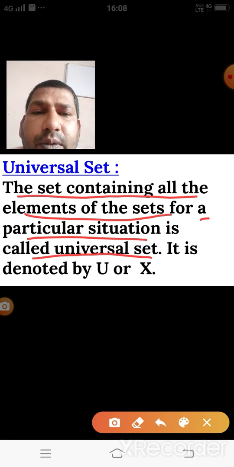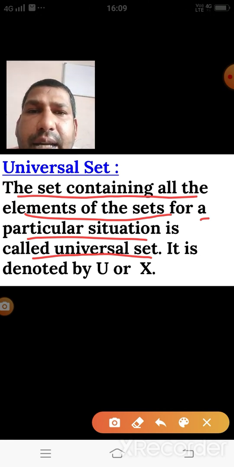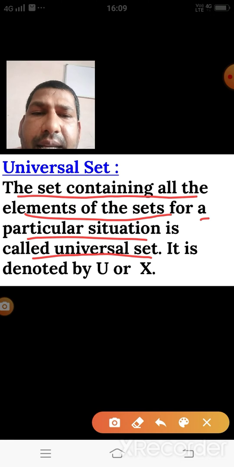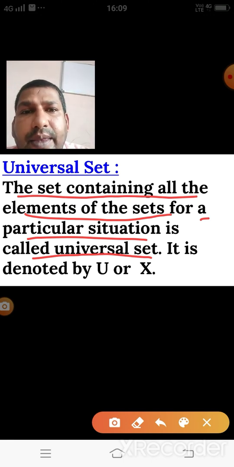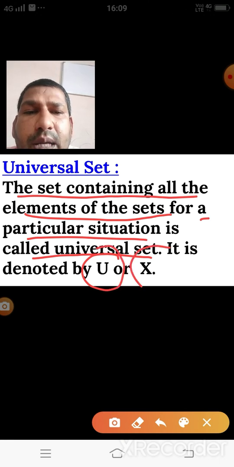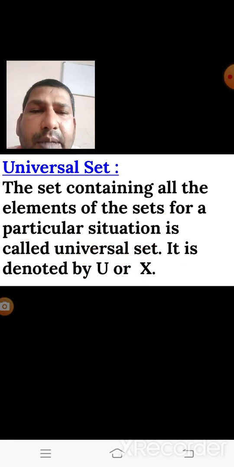Suppose I am working on numbers which are natural numbers, then I take the set of natural numbers as the universal set, or I take the rational numbers as the universal set, or you may take real numbers as the universal set. According to the situation we are able to take the universal set, and we represent the universal set by capital U, or you may represent it by X. We represent it most of the time by capital U.